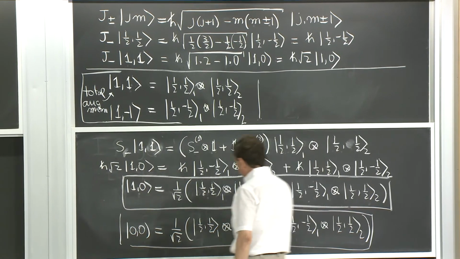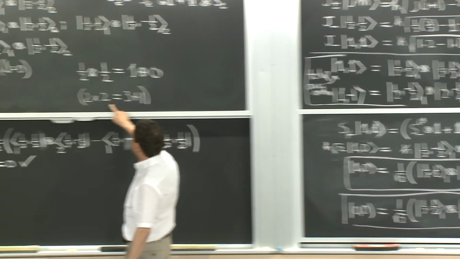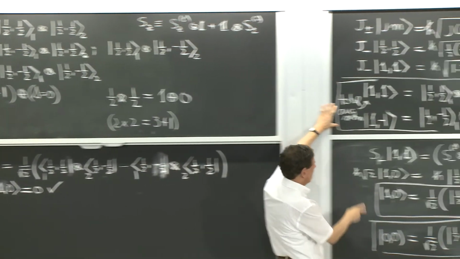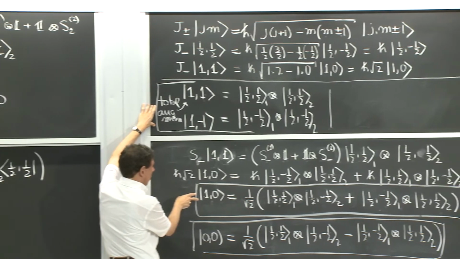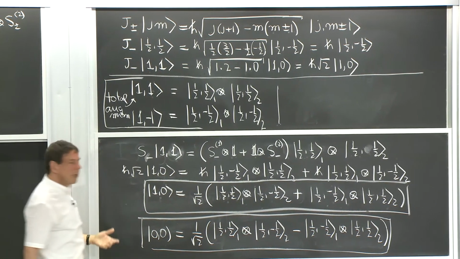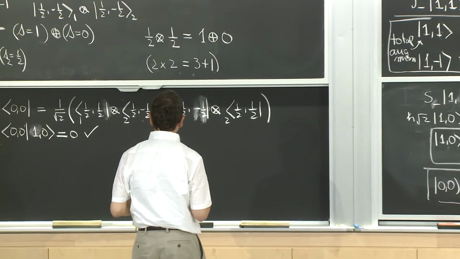We've obtained the 4 states that represent this tensor product: 3 states that go into the triplet, and 1 singlet. But this is cumbersome writing, so we'll try to write it in a briefer way.